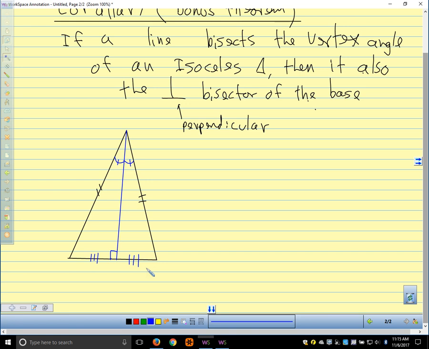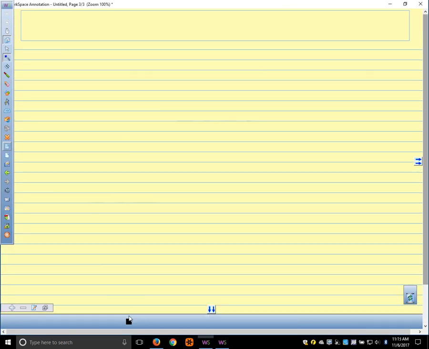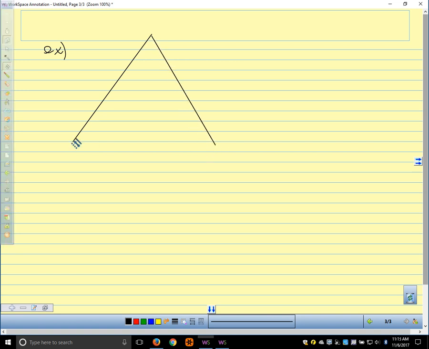Well, let's look at a couple of problems, the kinds of problems that you might be asked to solve using isosceles triangles. The first one is the standard problem that has to do with isosceles triangles. So I know those two angles are congruent, and this side is 7x minus 10, and the other side is 3x plus 6.